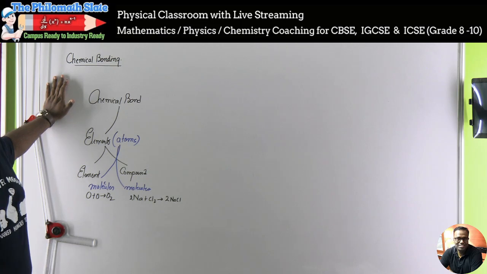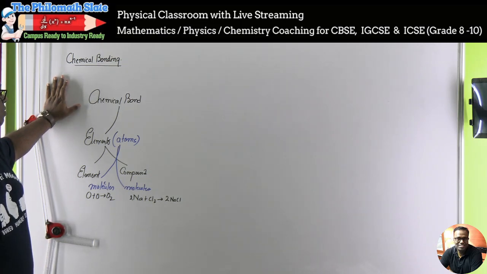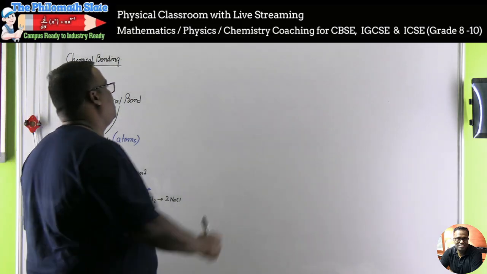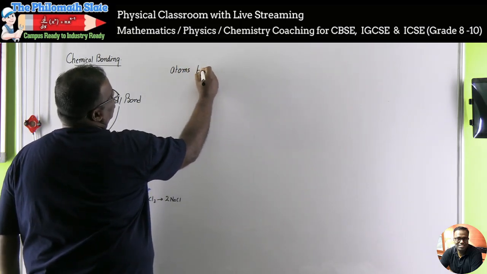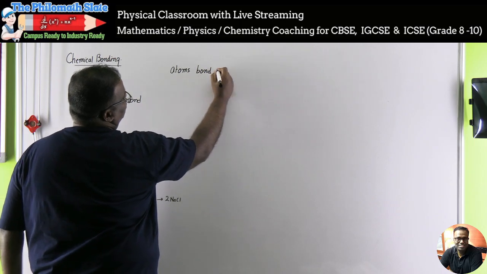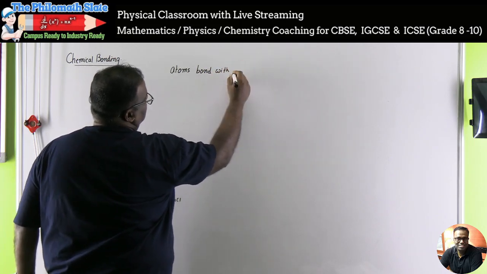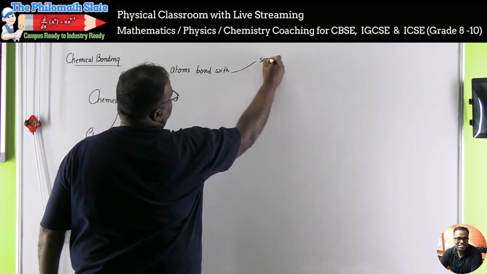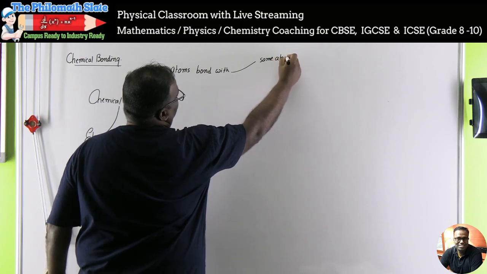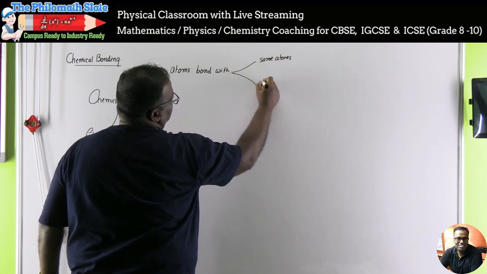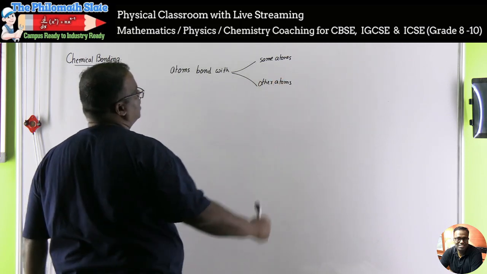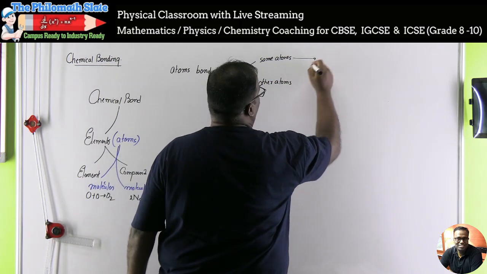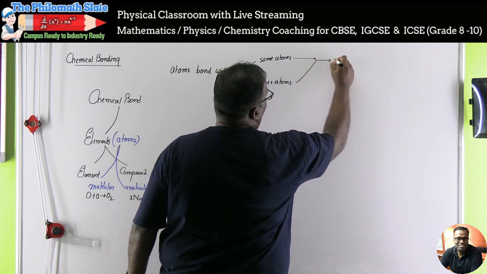So in chemical bonds, who are the participants? Atoms. Atoms bond with the same atoms, or they bond with other atoms. If they bond with the same atoms, then also, in both cases, they are forming molecules.